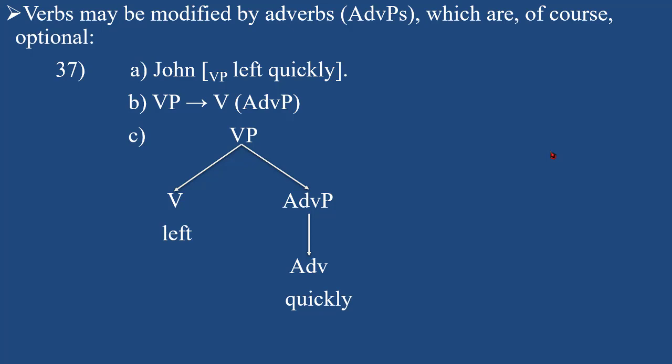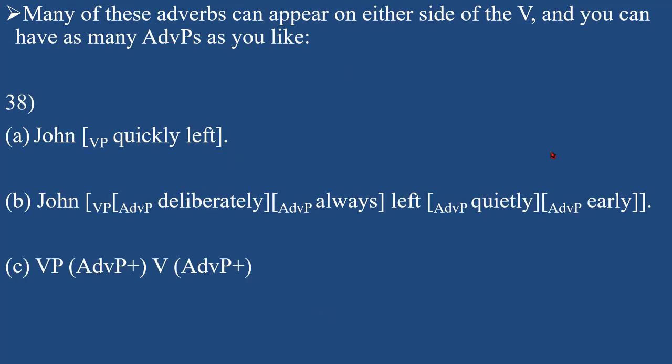So a VP consists of at least, or minimally, a verb, or a verb plus an adverb phrase, which is optional. Left quickly. This is in C. You see the tree diagram, or the tree structure, of the sentence.